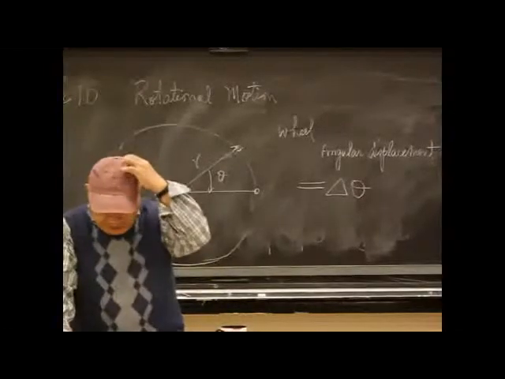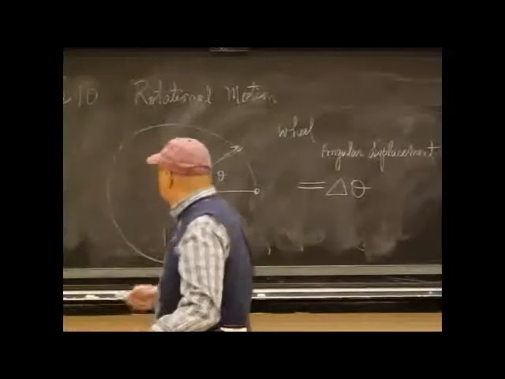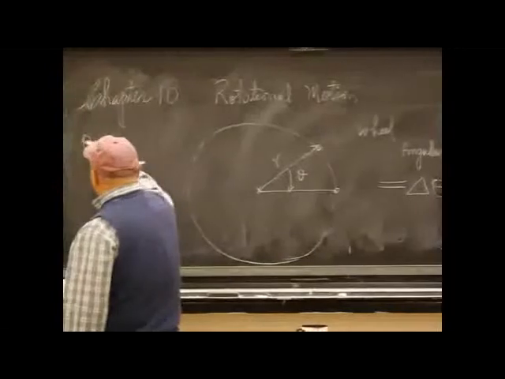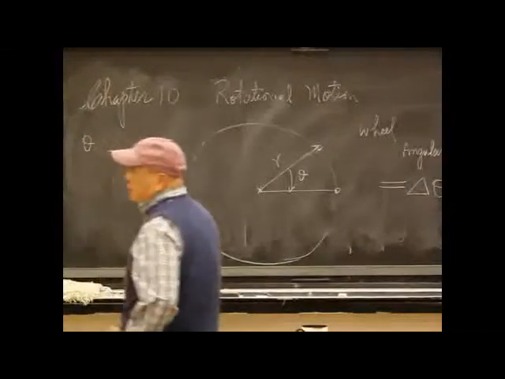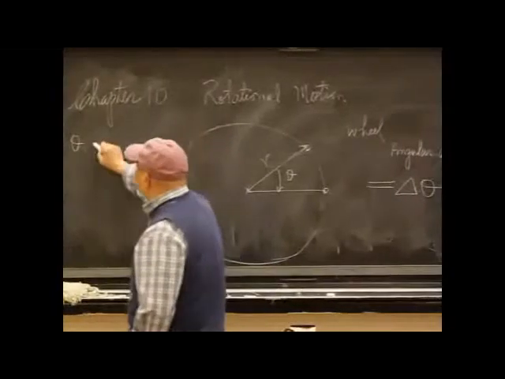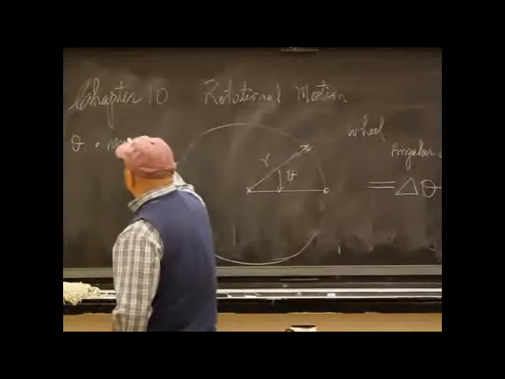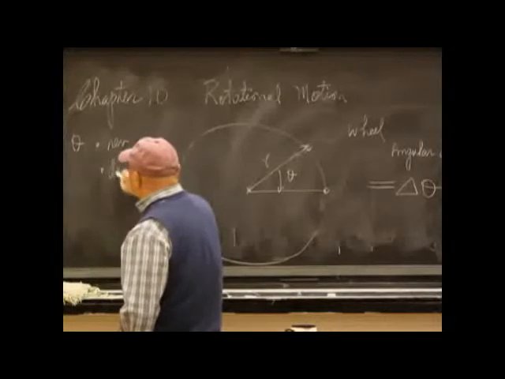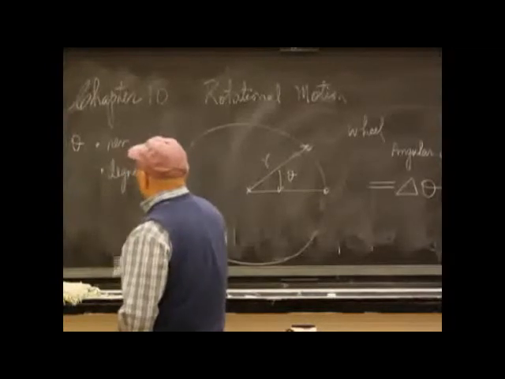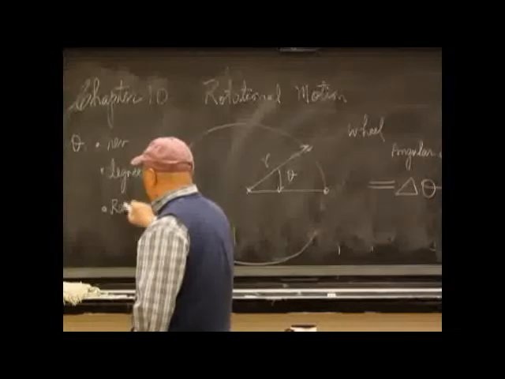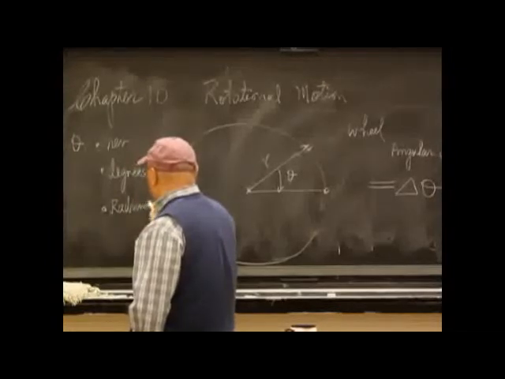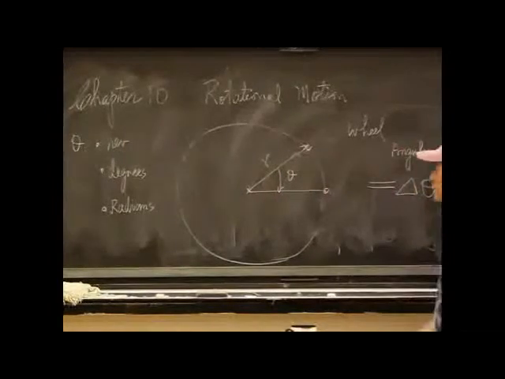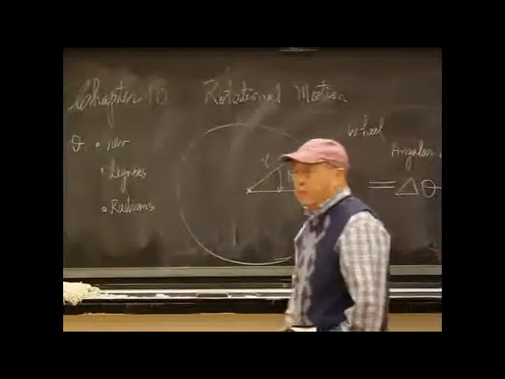First, we like to say that this theta has a lot of different units. The first unit is called revolution. The second unit is called degrees. And the third unit, radians, is the most useful unit in circular motion.